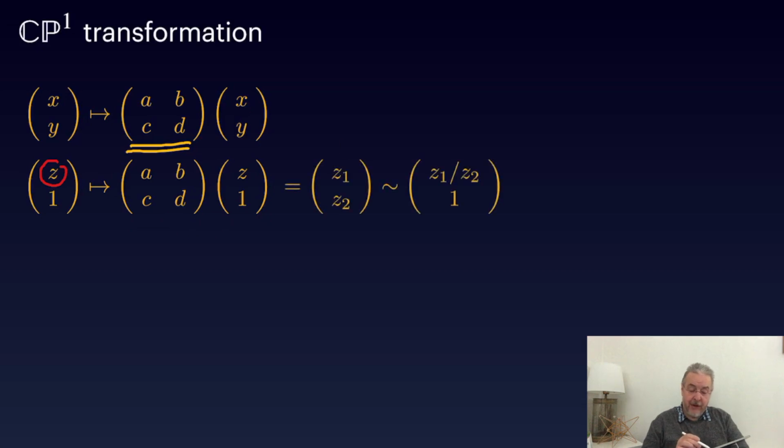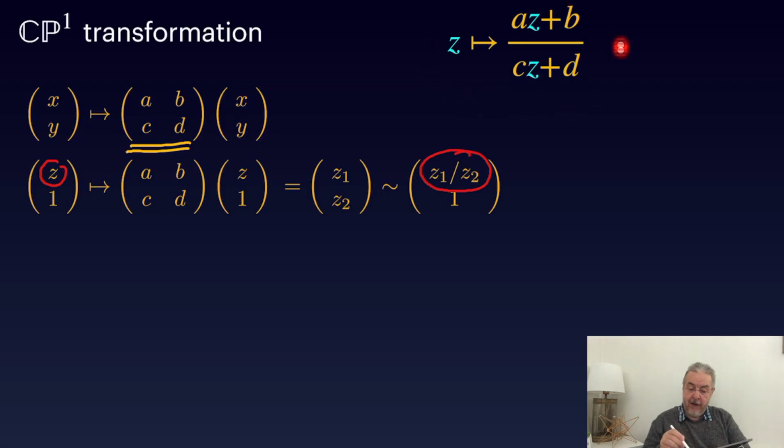Then we can turn this new vector, which has two entries, again into a number in standard embedding by dividing by z2. And at least if we don't divide by 0 and if we don't have infinite points here, we can express this as a function that doesn't even need the embedding in the projective plane. It's a kind of rational linear mapping that we get here.